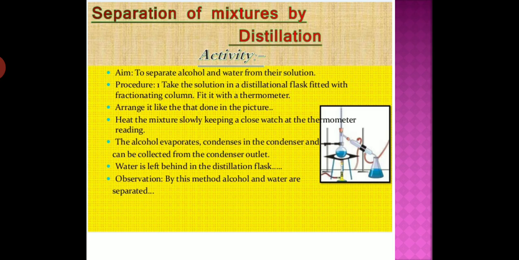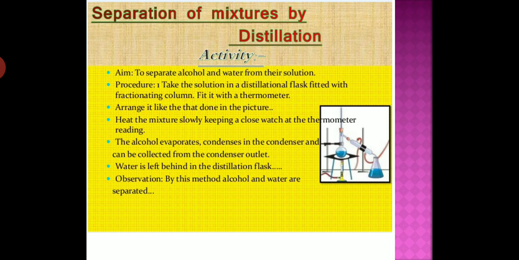First we heat the mixture of alcohol and water. Alcohol is converted into vapors and goes into the condenser. There it condenses and changes again into liquid, and this alcohol is then collected at the condenser outlet, and water is left behind in the distillation flask.